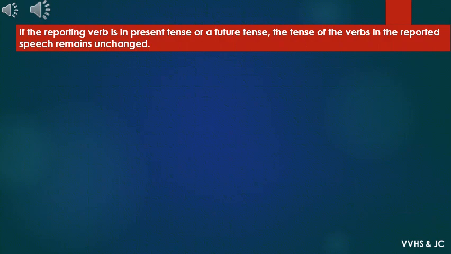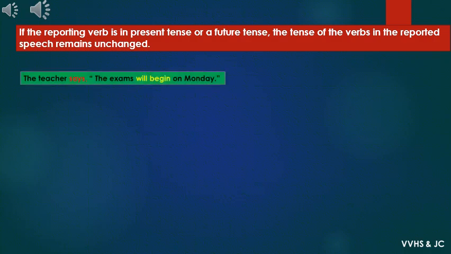Children, remember, if the reporting verb is in present tense or a future tense, the tense of the verbs in the reported speech remains unchanged. For example, the teacher says, the exams will begin on Monday. Here, what is the reporting verb? Says.